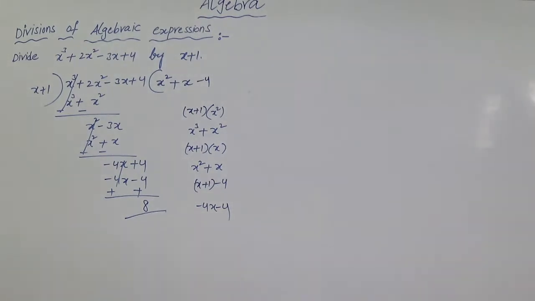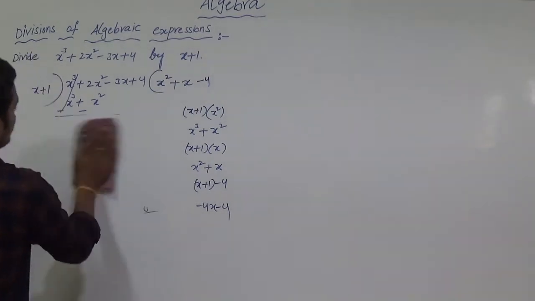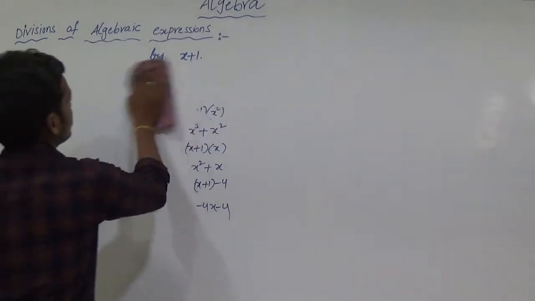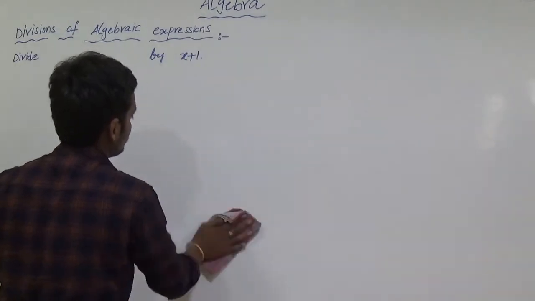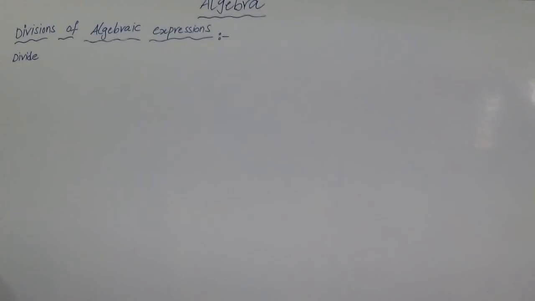I will explain multinomial by multinomial in the next one. So I am erasing. I think you know this very well. That's why I am doing it in a direct way. I am explaining in a direct way. That means this time I am giving you a different problem.